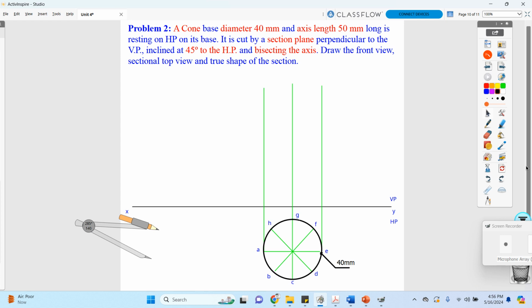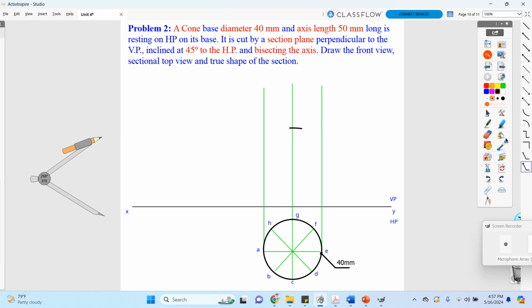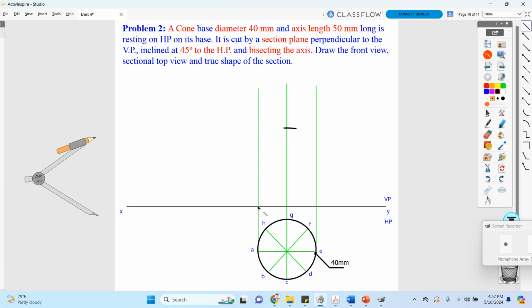Now what we used to do is that in this question, they have provided the axis length of how much? 50 mm. So I am going to keep it over here, and I am going to consider this as my 50 mm, and I am going to cut the arc over here. Now we will consider our line and join to our axis.